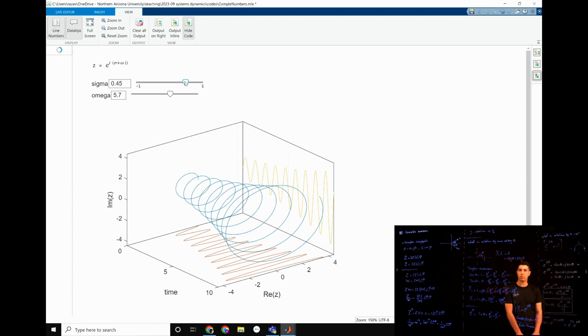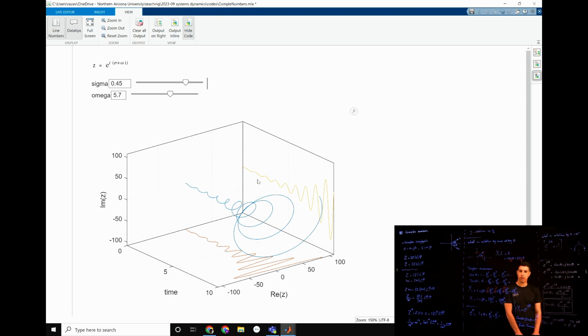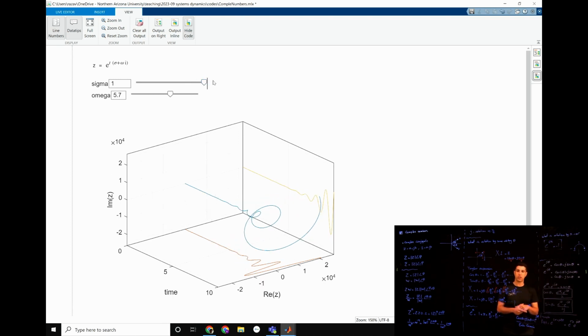And as I make it more and more positive, you can see this spiral becomes bigger and bigger, and these oscillations exponentially grow in size. And this function just blows up to infinity.